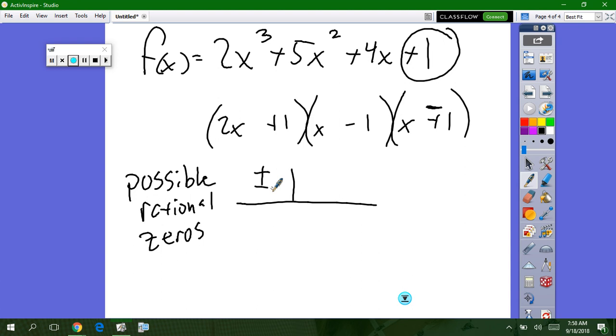Okay, and so this is once again of the constant. Okay, what are my factors of my leading coefficient? 1 and 2. Once again, could be plus or minus, because this could be -2, a -1, and a positive 1. That would still come out, wouldn't it?